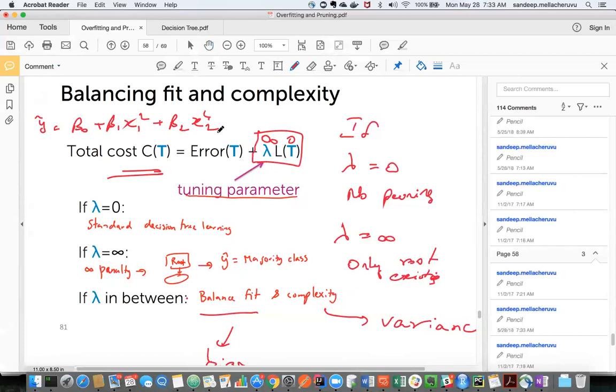The moment you say the complexity of the model is high, just by changing a little of x2 or x1, one of the variables, you'll immediately see a lot of variance in the y hat. So the moment your model has a lot of complexity, immediately you can say that variance is high.